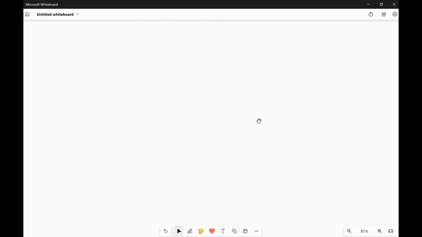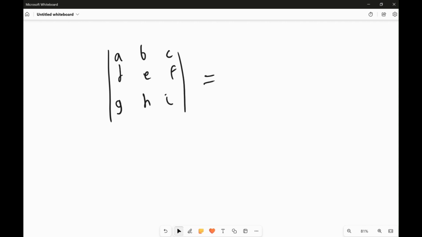For those who don't know what a determinant is, I'm going to explain it right now. For those who do, you can skip to the timestamps shown on screen. So, what is a determinant? We want to know what the 3 by 3 determinant with entries A, B, C, D, E, F, G, H, I equals. Before that, we need the 2 by 2 determinant, which is AD minus BC.